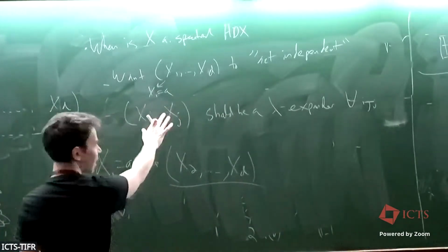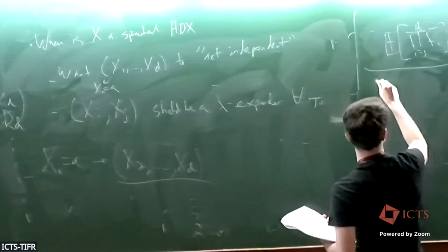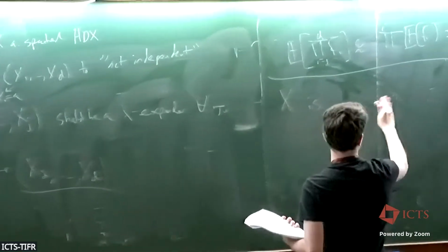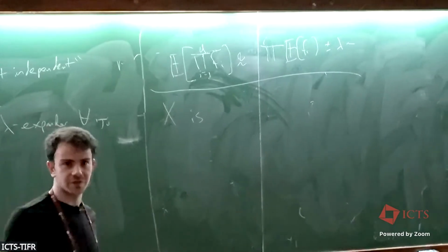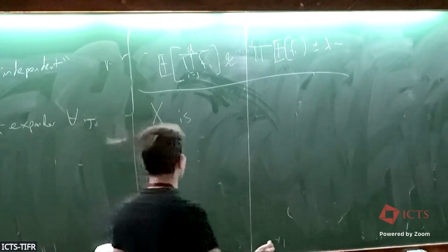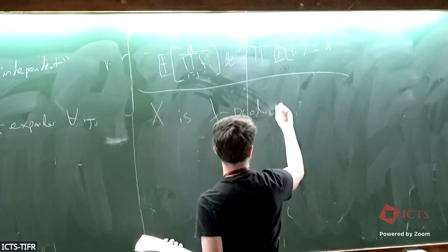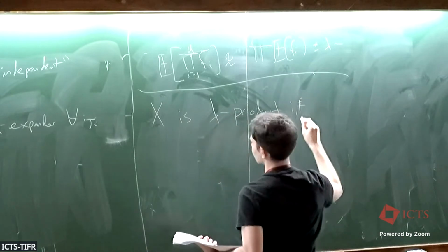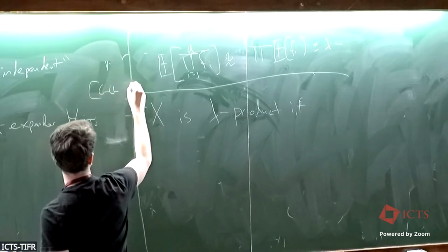Well, I'll take the pairwise definition for the moment. So X is called, so this isn't quite the typical definition of local spectral expanders, which I'll give in just a second, just the unordered variant of this. X is called a lambda product if, I guess I'll say this, maybe formally this is a definition of Gur, Lifshitz and Liu.